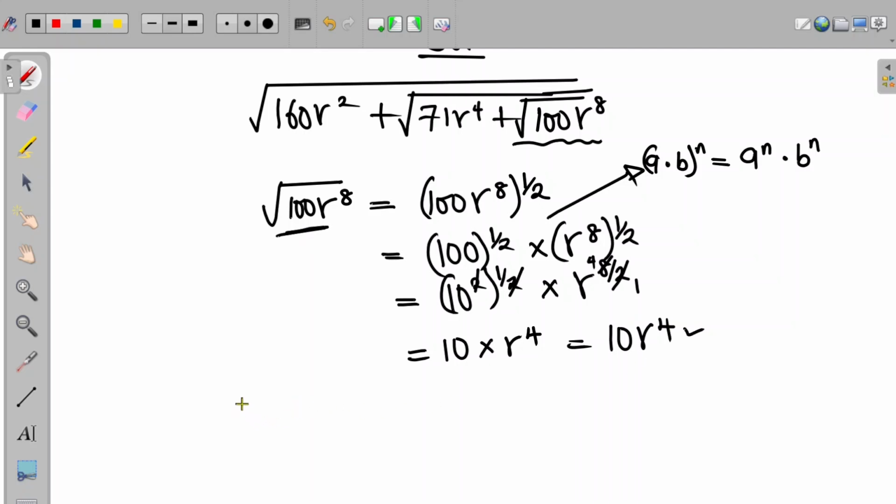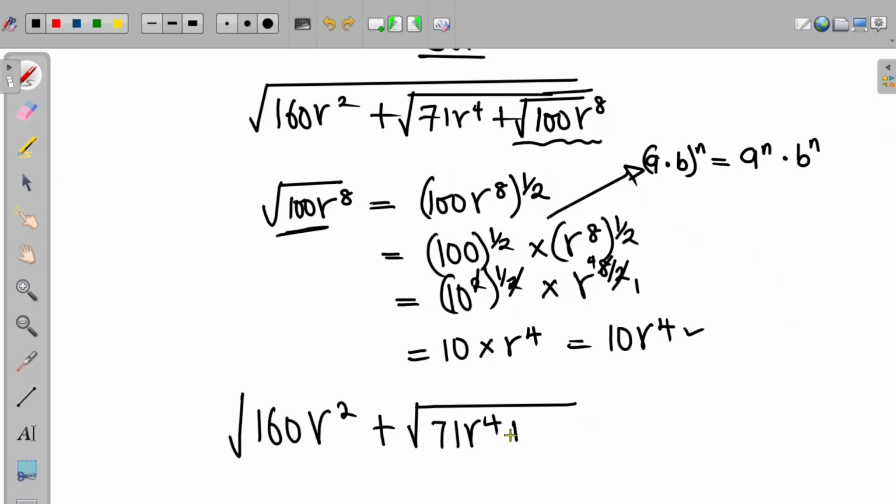So we have it that root of 160 r squared plus root of 71 r raised to the power of 4 plus 10 multiplied by r raised to the power of 4. Now we have this. Okay, now at this point, let's also consider this expression here.